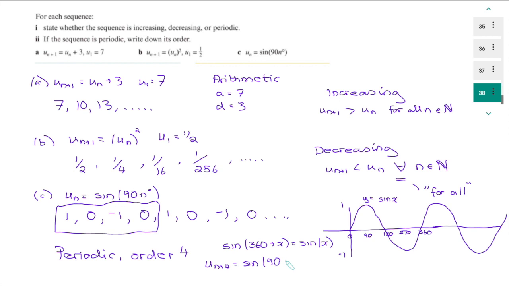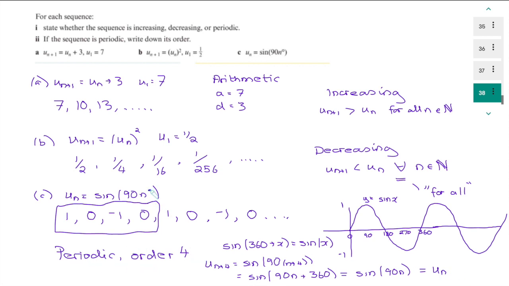So that equals sine of 90 times (n plus 4) equals sine of 90n plus 360. And from the graph we know this is sine of 90n. I've missed out all my degrees here. Sine of 90n, which is u(n). So there's our proof, if you like, of why u(n+4) equals u(n), and it's periodic of order 4.